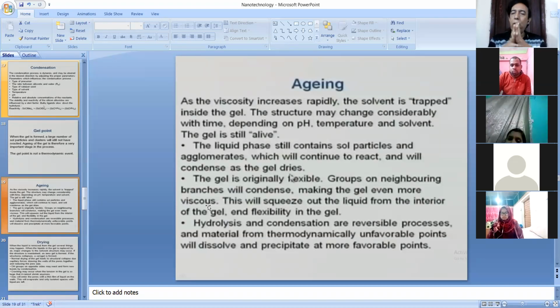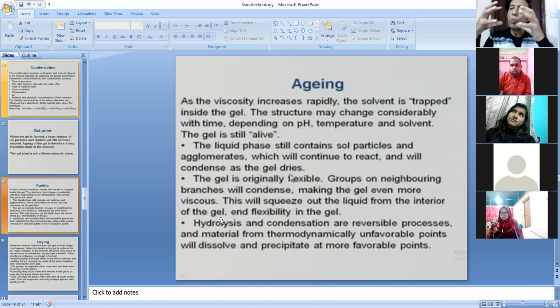But as more and more condensation occurs, the gel becomes more viscous, and this will squeeze out the liquid from the interior of the gel. As more condensation occurs, liquid will evaporate, or liquid will come out from the three-dimensional structure of the gel.